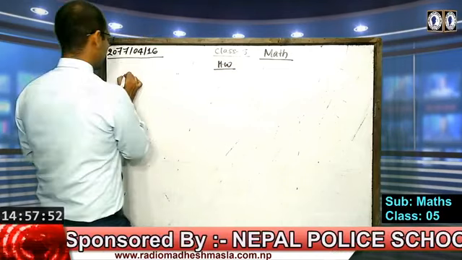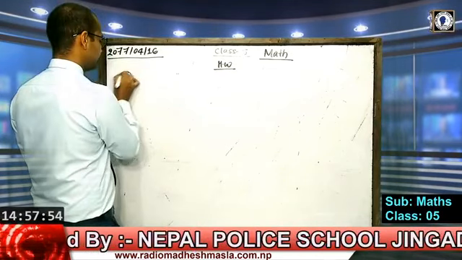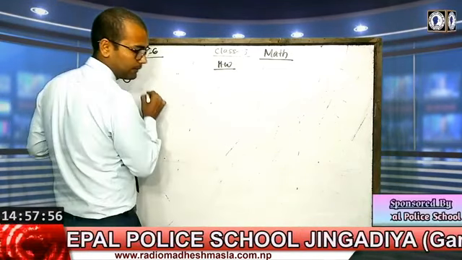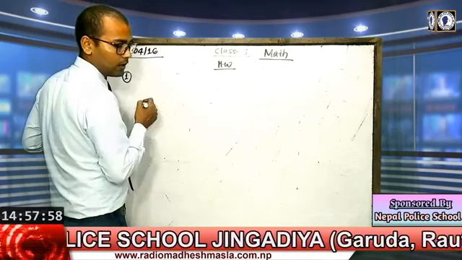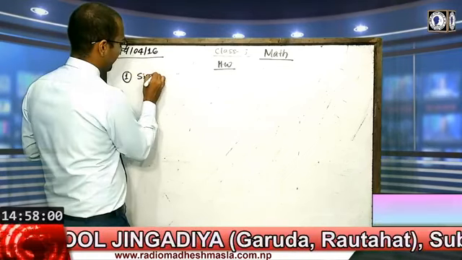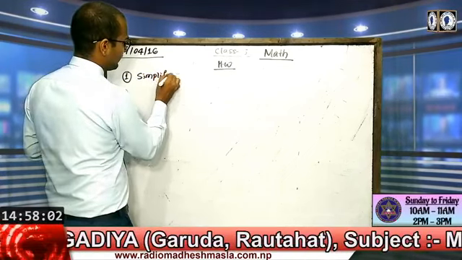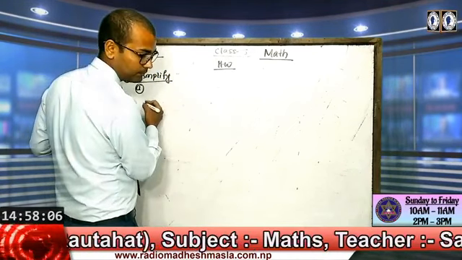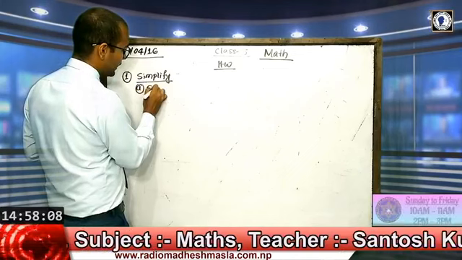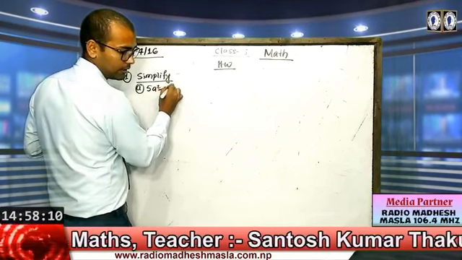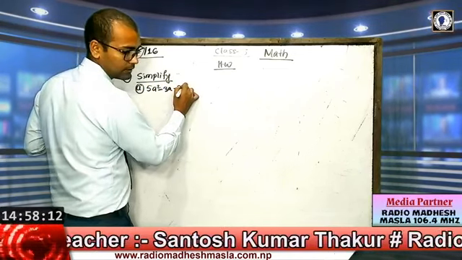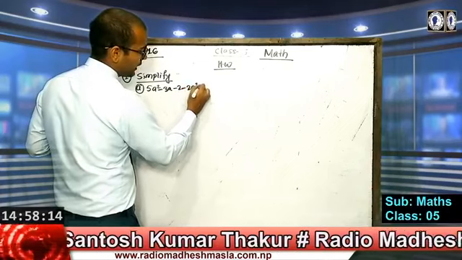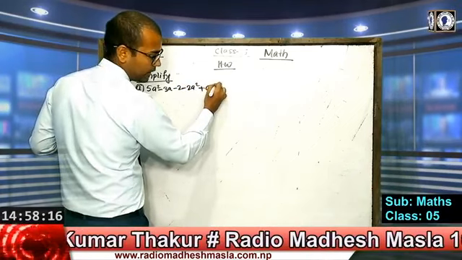Question number 1, simplify. Question A: 5a square minus 3a minus 2, minus 2a square plus a minus 5.